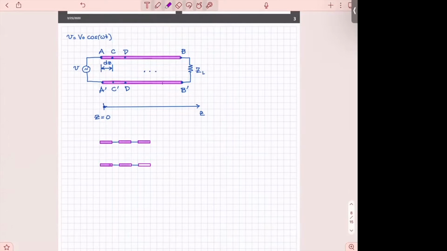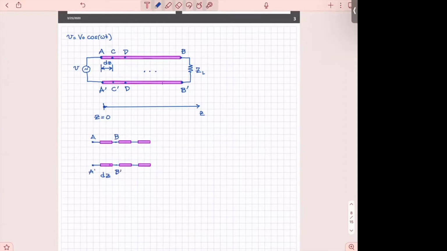I assume that each one of these, so I have here one very thin section of line, has a length dz and starts at point A prime and terminates at point B prime.